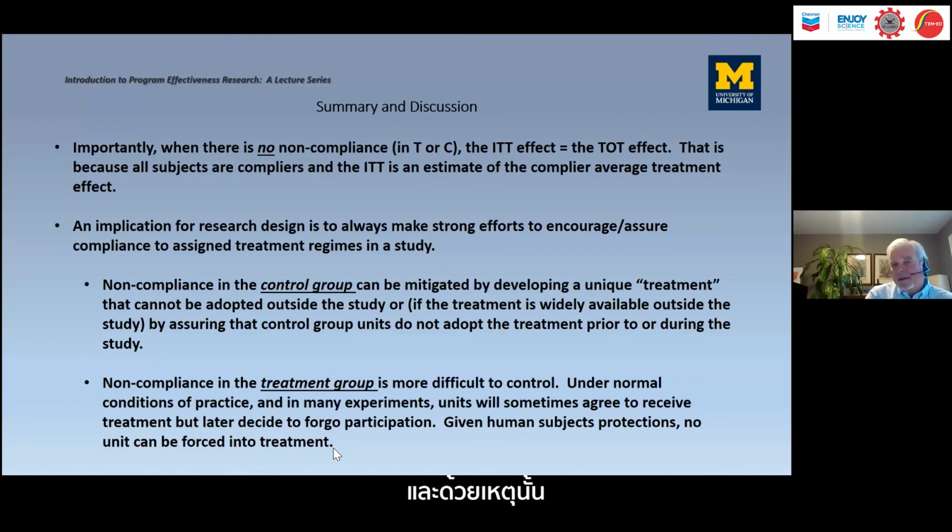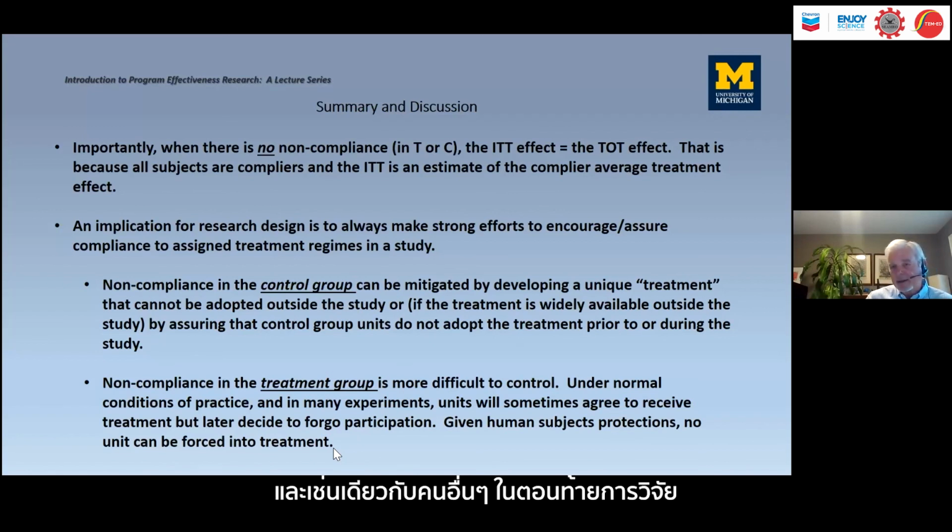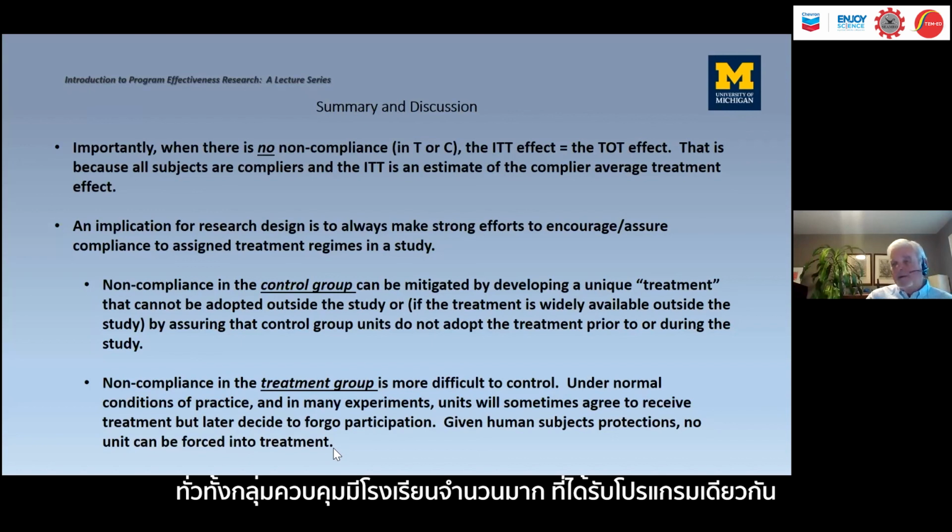They had a treatment for this, and they randomly assigned it to schools. And at the end of the study, they, like anybody else, measured both service delivery and implementation. They were good researchers, and what they found was that over in the control group, there were lots of schools that had exactly the same program operating.